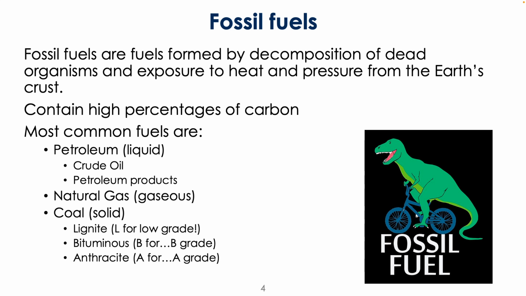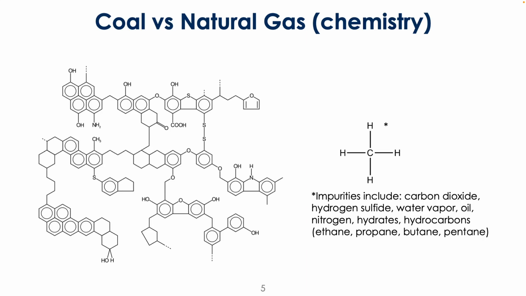Coal and natural gas. Natural gas is a simpler molecule that we'll talk about, but coal is much more complex, and I can show that here. The left is an example of a molecular structure of the solid that represents what coal is. But it's not one static chemical structure, right? It's basically this big jumble of hydrocarbons.